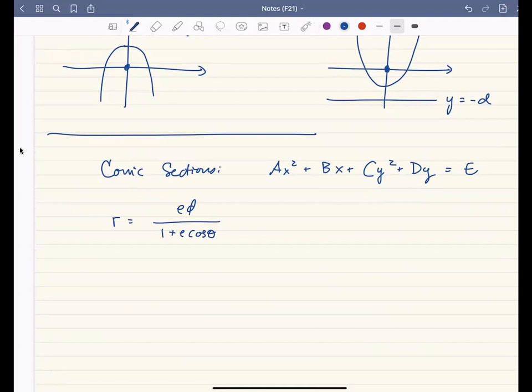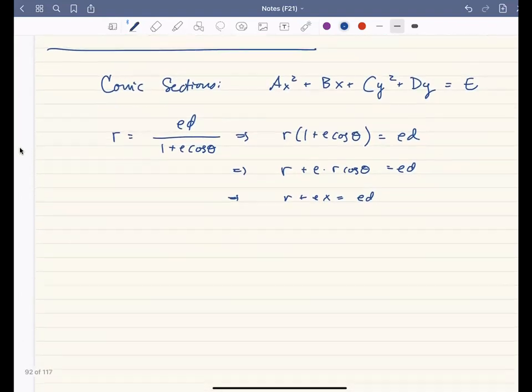And so to do that, I think the easiest way is to take the cosine term and write that as x over r, or equivalently, you could just multiply both sides by 1 plus e cosine theta. You get ed on the right. And this is going to be r plus e times r cosine theta. And r cosine theta is just x. So this is r plus ex equals ed.